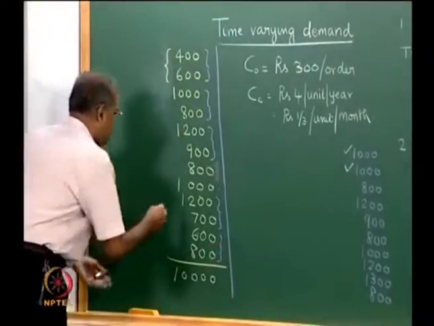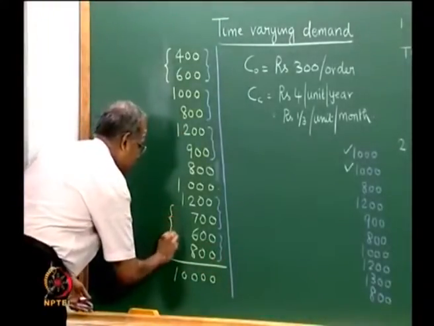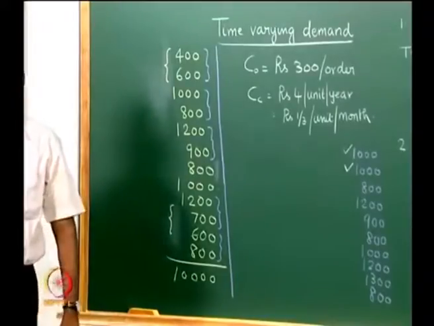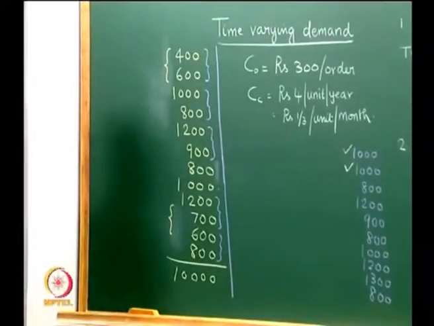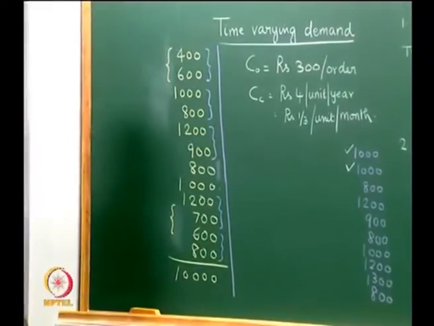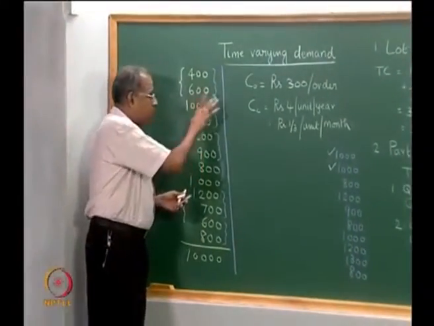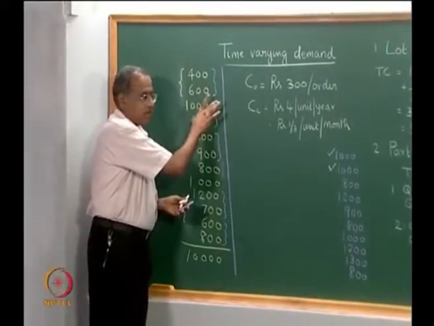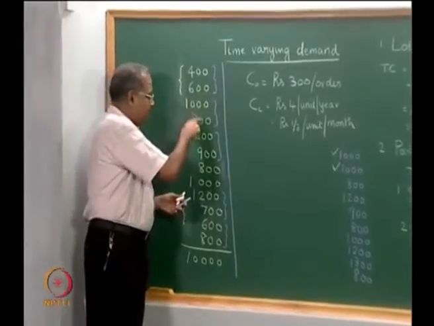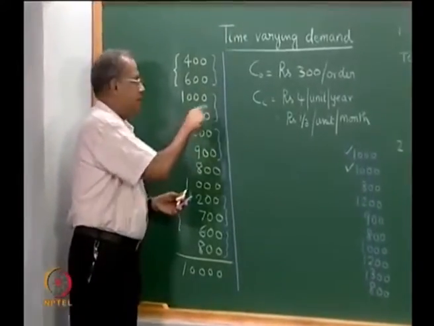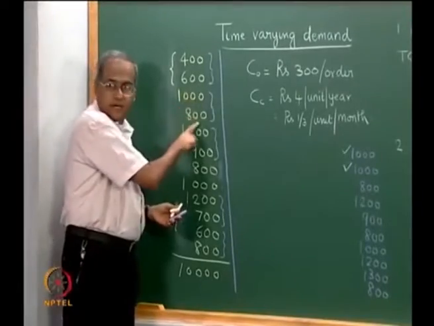I think in part period balancing the combination happened like this. So, we realize that the solution is slightly different in silver meal compared to part period balancing. In fact, we could even take it exactly here to show how silver meal is optimizing, combining these two together, whereas part period balancing is trying to look at these two separately.